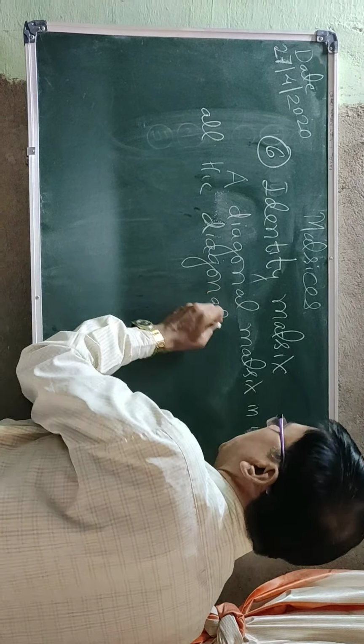A matrix in which all the elements are 0 is called zero matrix.